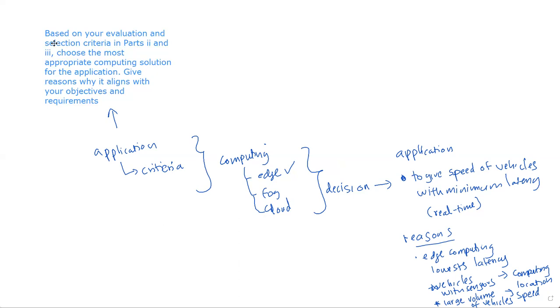So the last question is about drawing the IoT architecture that you proposed, including the relevant components, and labeling each component clearly. So you need to draw the architecture, including the vehicles with their sensors. Just mention the vehicles and draw some sensors on top of them, and the access point, communication technology, and if it is a base station which is collecting the data, you can draw a base station, and if it is a router, you can draw the router.